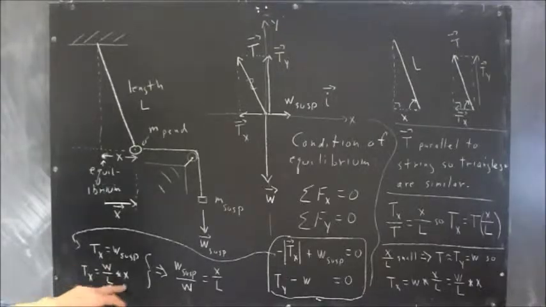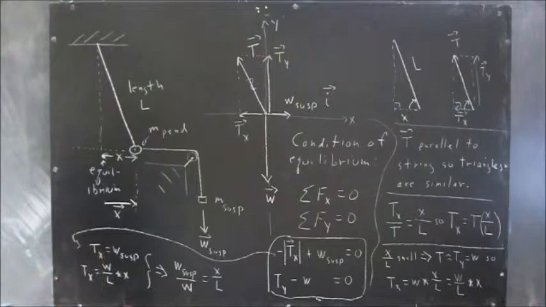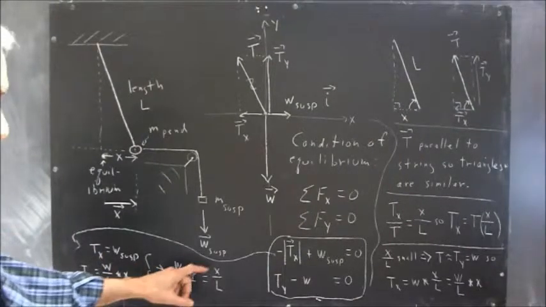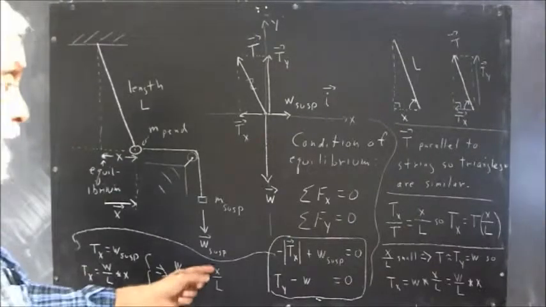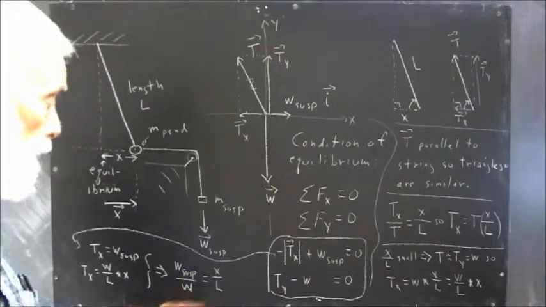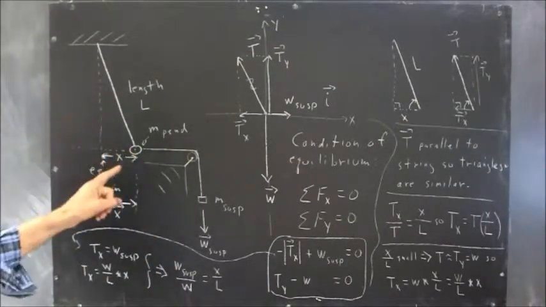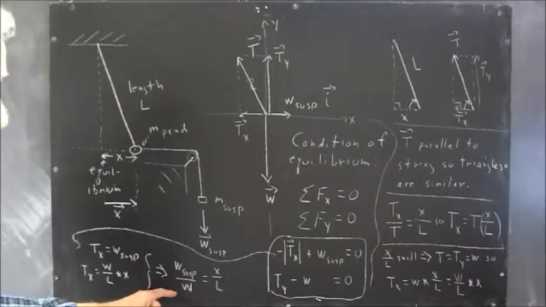Tx equals W over L times x, which we just found here. Put these together and we find that the suspended weight divided by the weight is x divided by L. Meaning that if x is, let's say, 3% of L, then the suspended weight that will hold the pendulum at that position is going to be 3% of W.